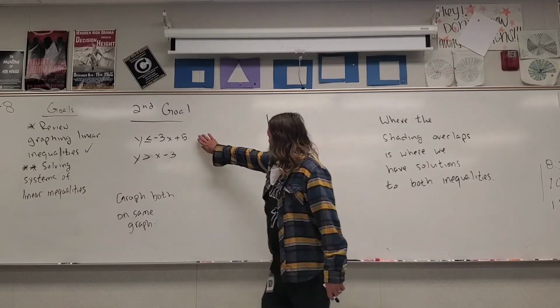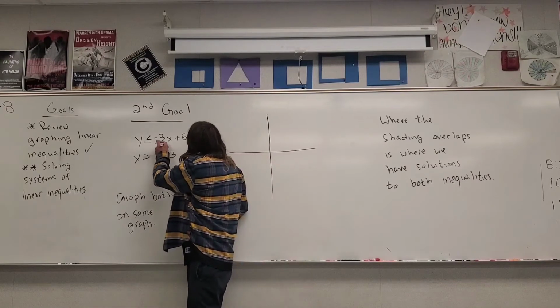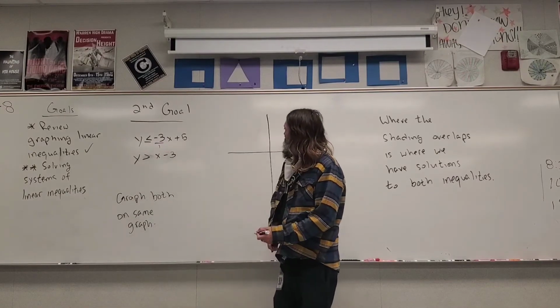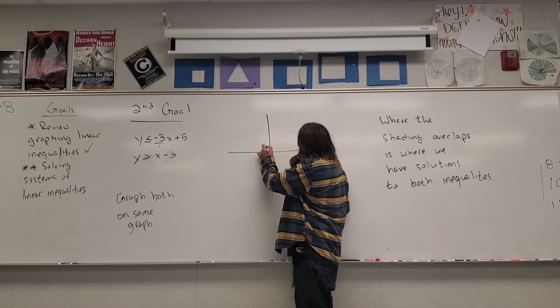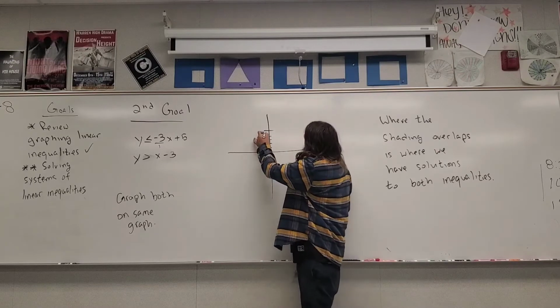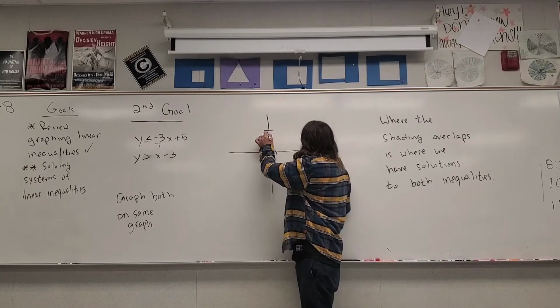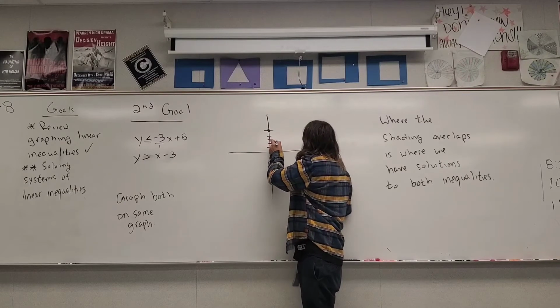All right, so this one, I'm going to graph in purple. I have a slope of -3/1, and I have a y-intercept of 5. My line is solid, and I'm shading below. I start here at 5. I go down 3, I go over 1.